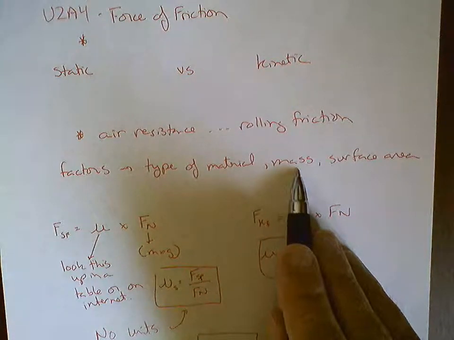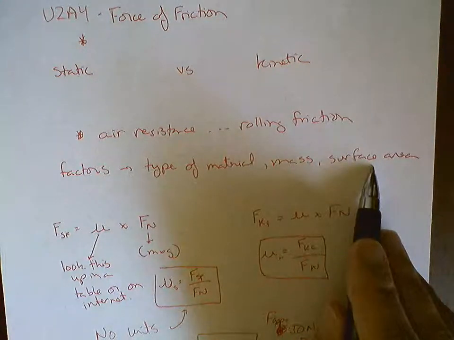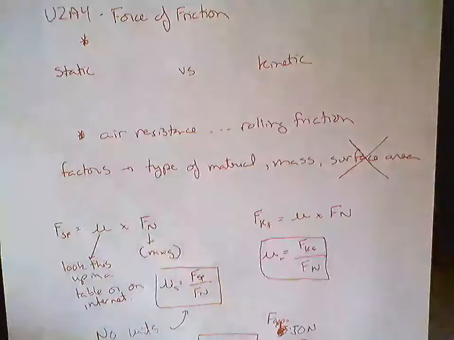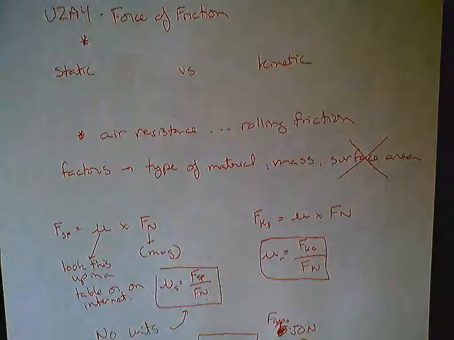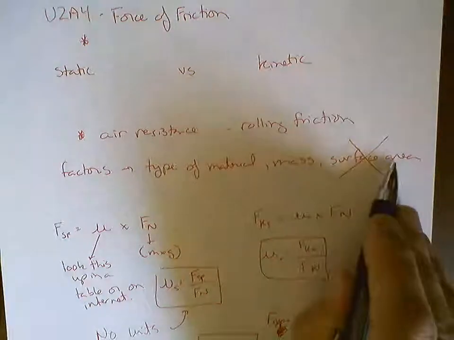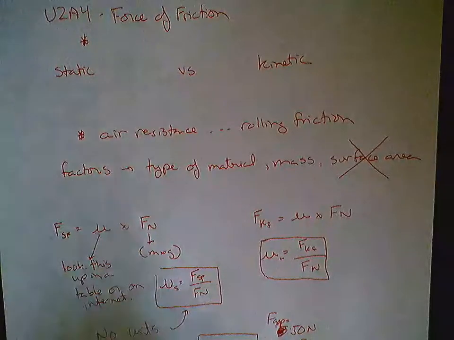Which one would be easier to push? Now another one is surface area. So if the brick is more spread, whoa, wait a minute. Surface area plays no role in friction. You have to get that straight. Type of material and mass are important, but the surface area is not important, and that can be shown in the mathematical formulas.